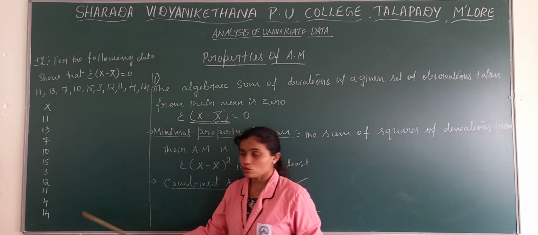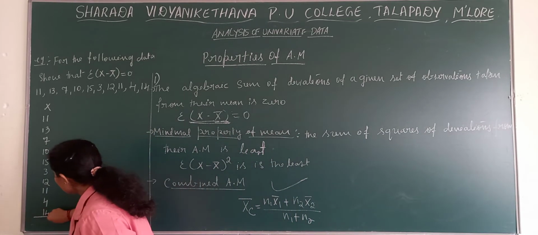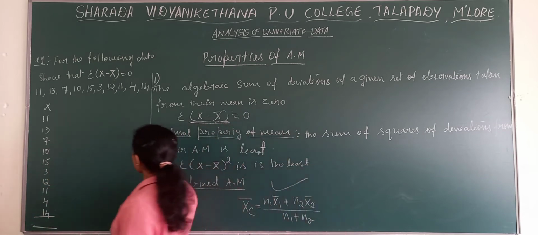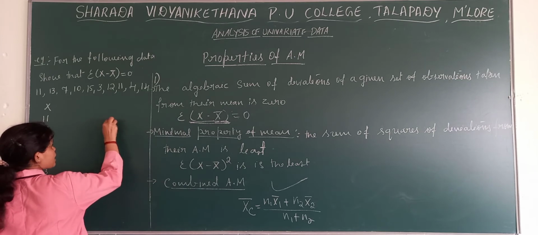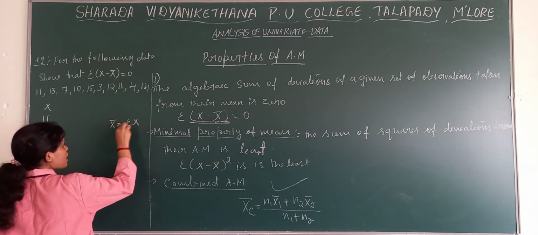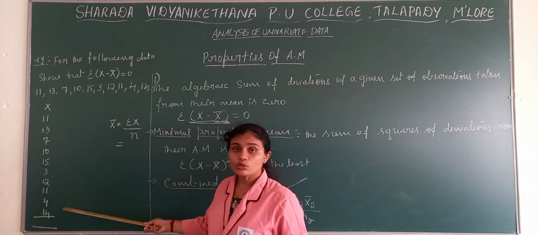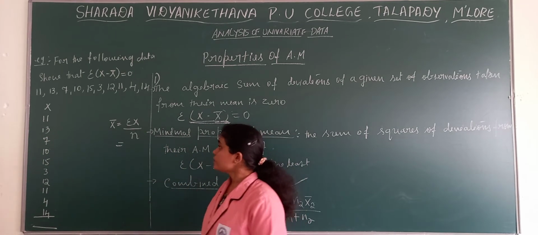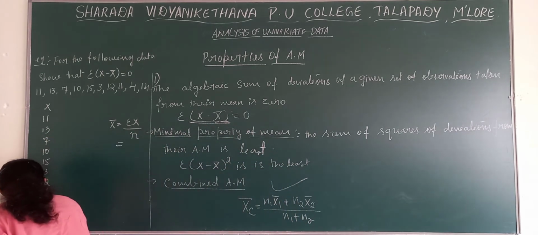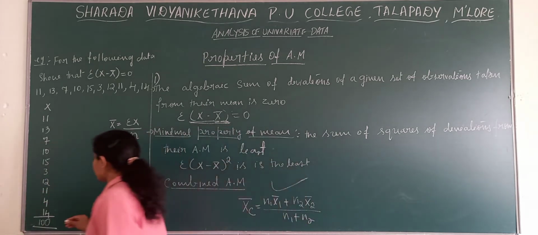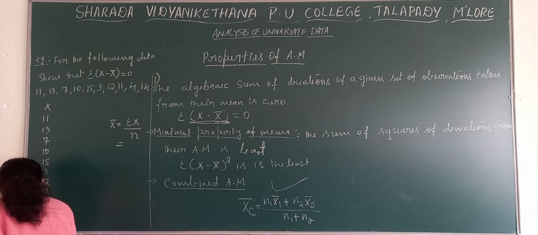We can see it is ungrouped data, so we need to total the observations. The mean formula goes like x bar is equal to sigma x by n. Now we total it. When we total it, we get 100. So we get sigma x as 100 here.